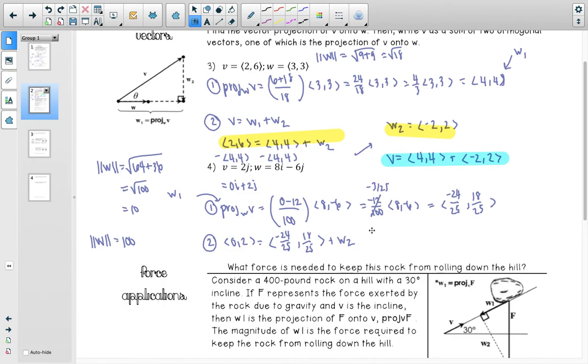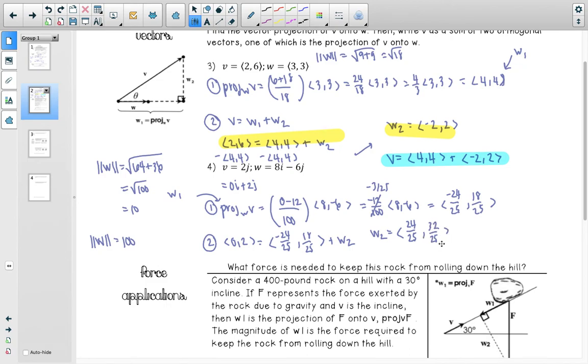I'm not showing a lot of work. You're going to do 0 minus this. When you subtract a negative, you get a positive. So you get 24 over 25. And then you would take 2 minus 18 over 25. If you do that by hand, which I'd prefer, you get 32 over 25.